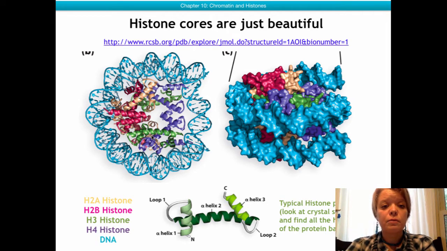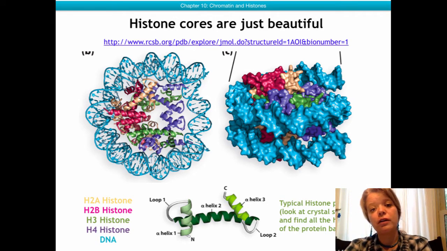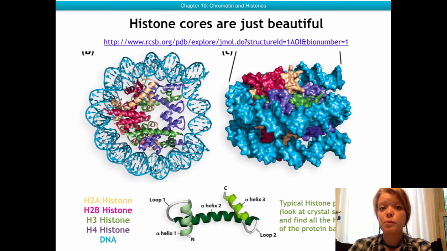Now, the long helix of the histones actually has a lot of hydrophobic amino acids, such as leucines, isoleucines, and valines, and allows for hydrophobic interactions between the histones in order to form the core of the big histone complex of the nucleosome.